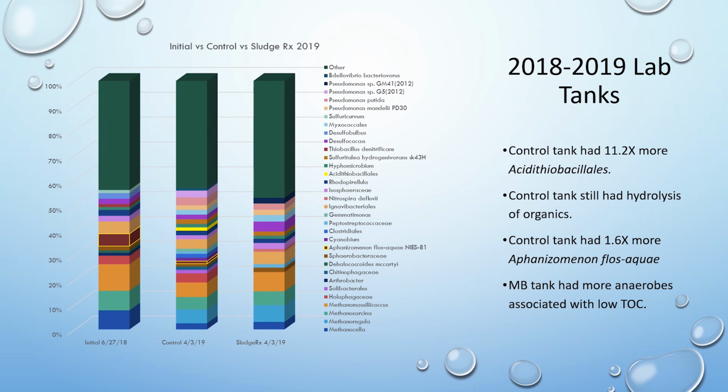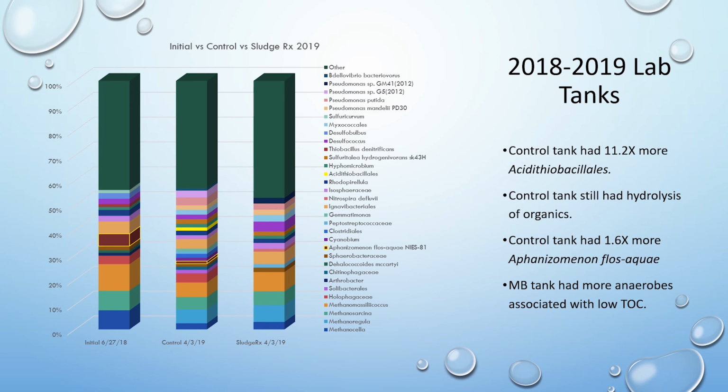So we also examined the sediments in those tanks for the bacteria and archaea composition and distribution between the initial muck, the control tank, and the tanks treated with Sludge Rx. We saw there were significant differences between the control tank and Sludge Rx tank for 2 bacterial genera.